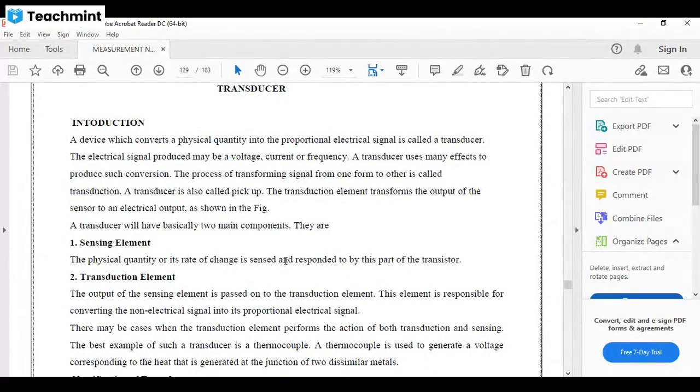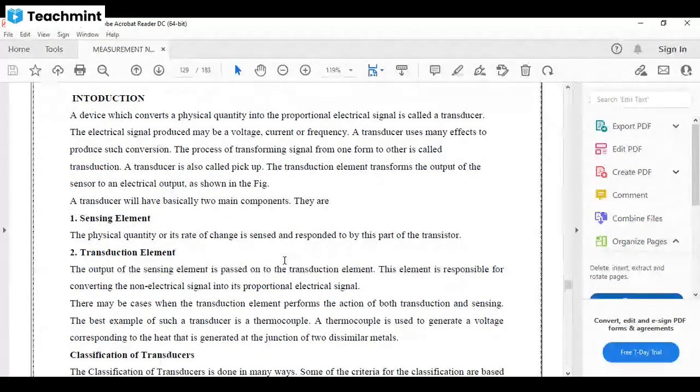A transducer has main components. The first part is the sensing element, and the second part is the transduction element. The sensing part senses and produces the response, and the conversion takes place in the transduction part.